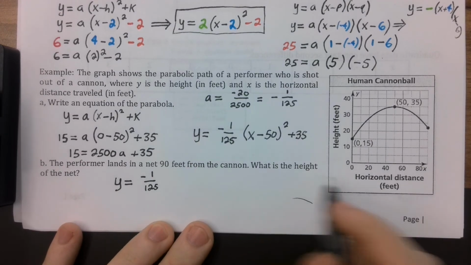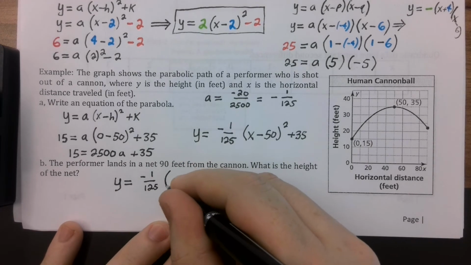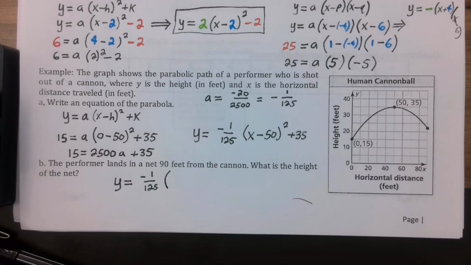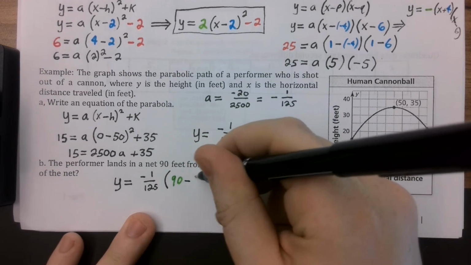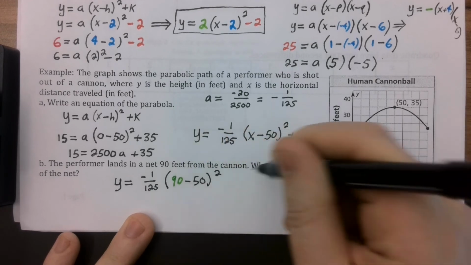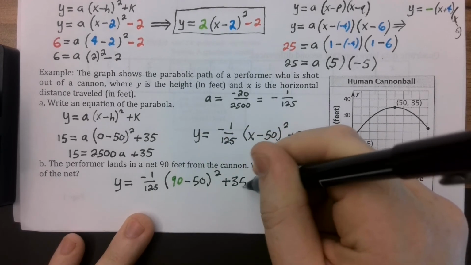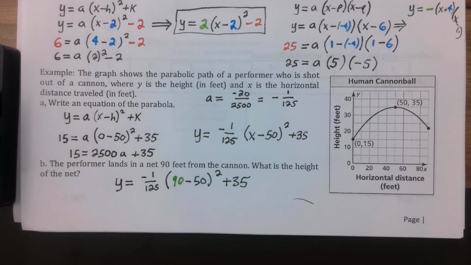What's the height of the net? So we're just plugging in 90 into the equation we just got and solving. Again, pause the video here, see if you can calculate this one out. Come check in just a moment.